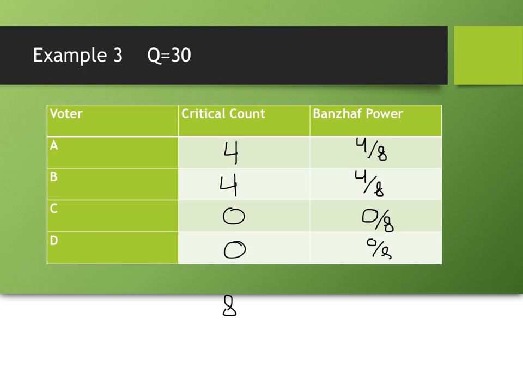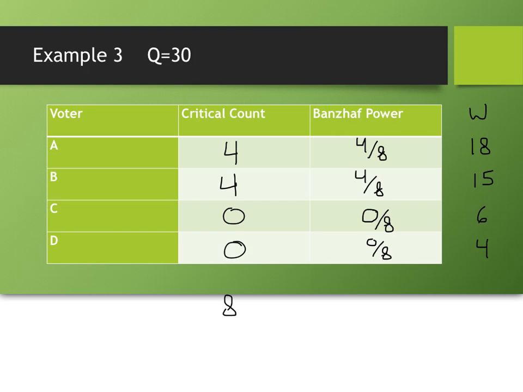Okay? And with the quota of 30, notice that again, here we had weights of 18, 15, 6, and 4. These were our weights. And so in this case, it does look like A and B basically share the power and everybody else gets left out.